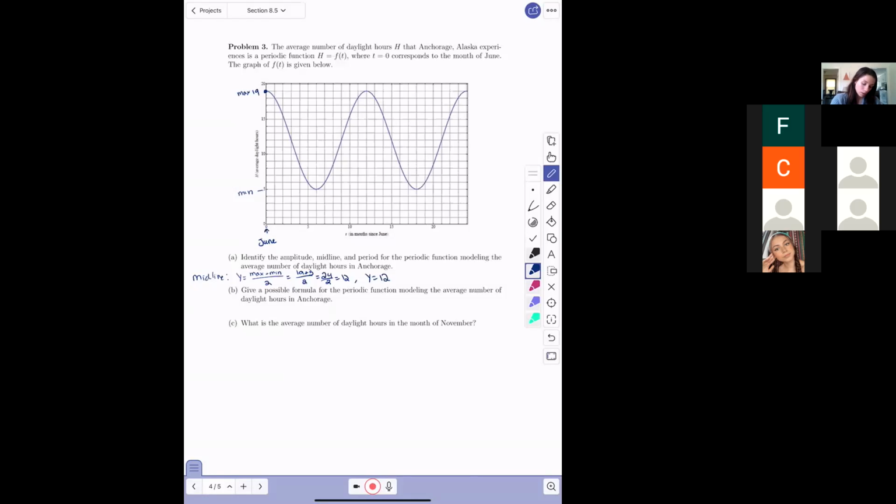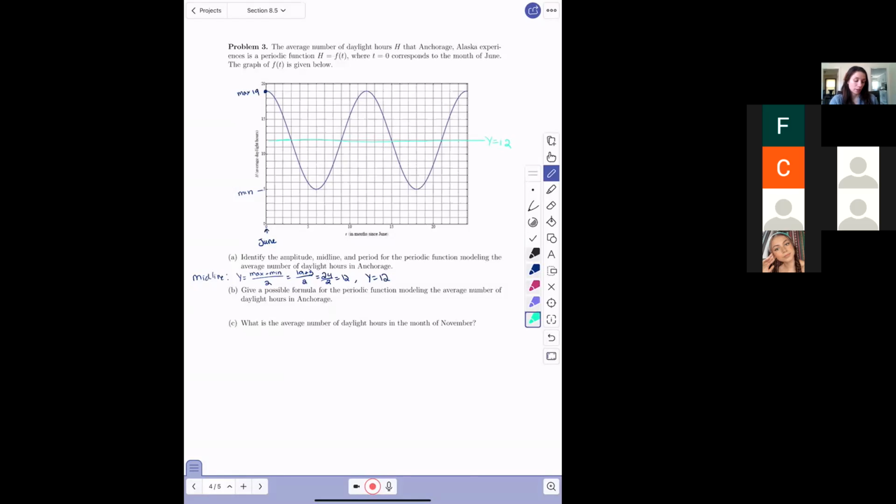If we have our midline at y equals 12, again, you don't need to draw this graph as long as you have the answers for A, B, and C. I'm just drawing on the graph to help explain. Our midline is y equals 12.